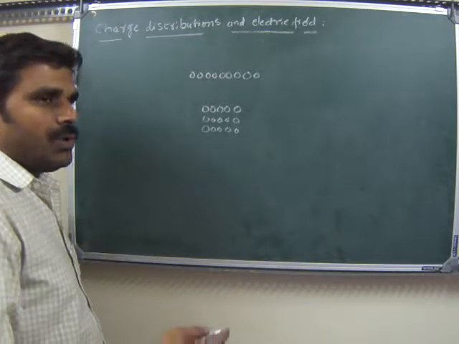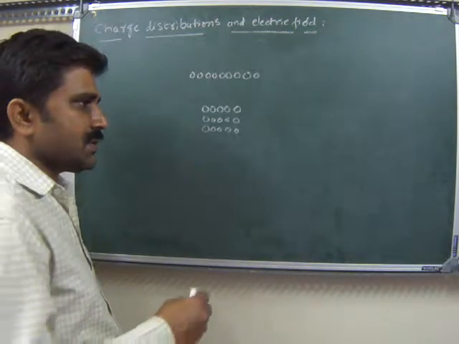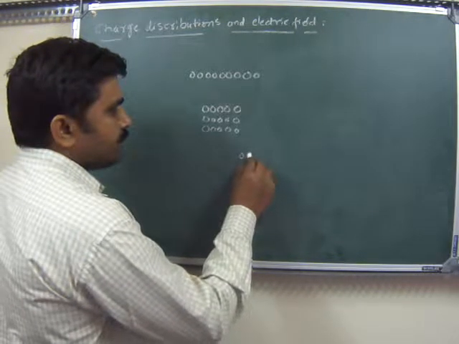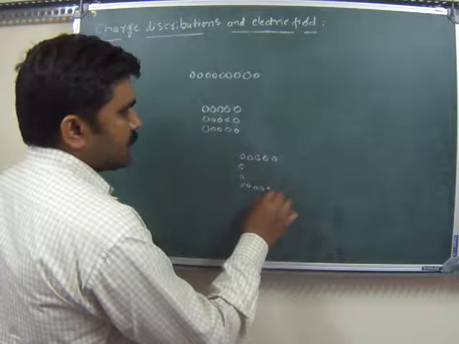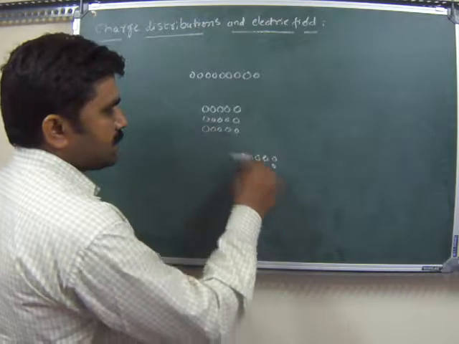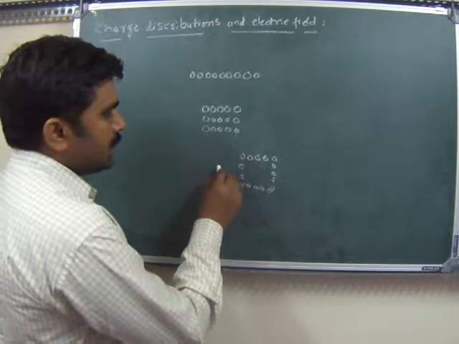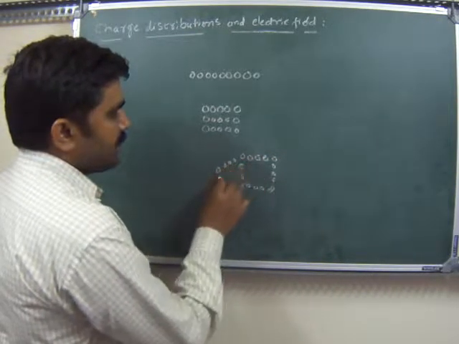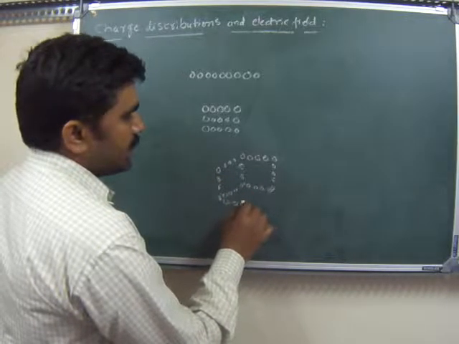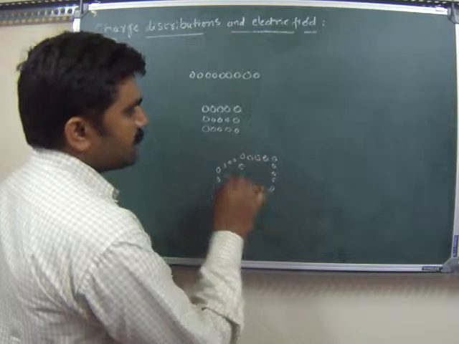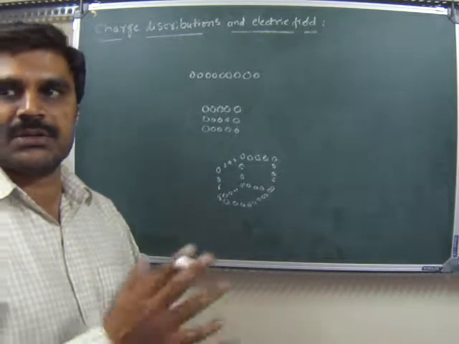And volumetric, cubical charge distributions, like for example, you have a charge like this. Assume that this is one plane of a cube and this is another plane, so that it seems to be a cubical charge, or cubical charge means volumetric charge distributions.